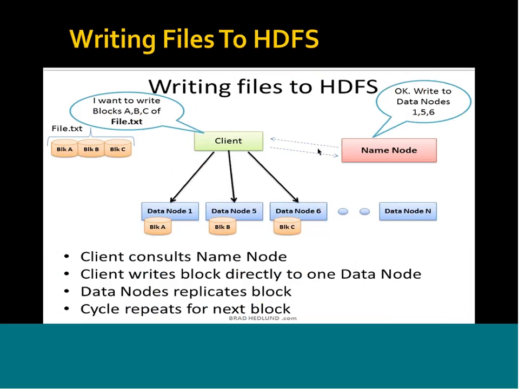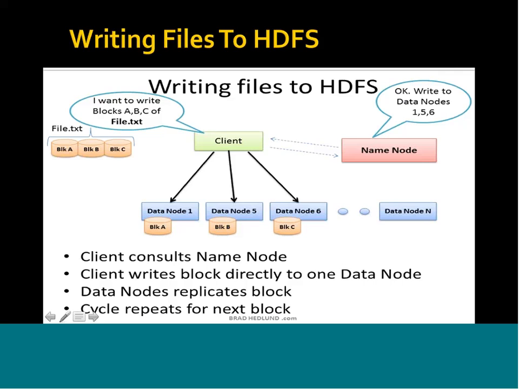For example, HDFS says that the maximum data I can store in a block is 65 MB. What if you are trying to write a file which is more than 65 MB? If it is more than 65 MB, immediately the name node will create n number of blocks, so it will split this file into n number of blocks.